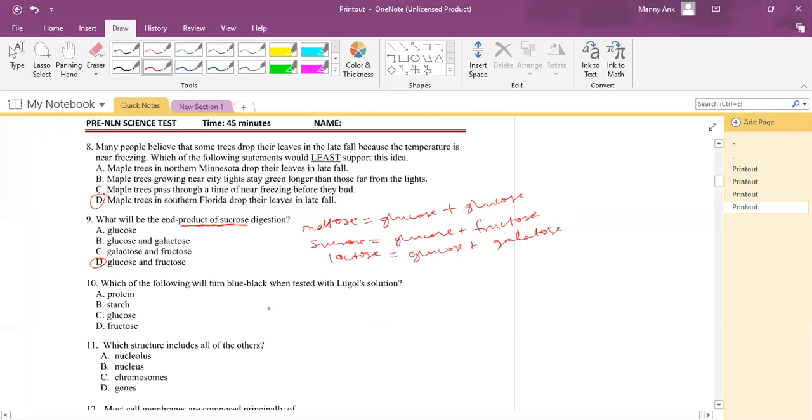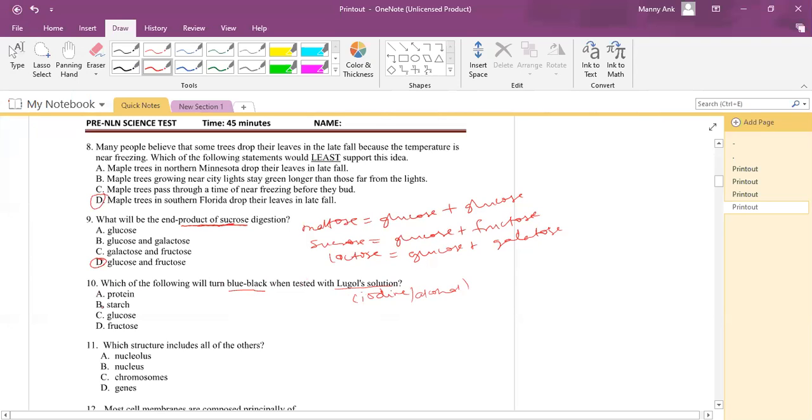Number 10: which of the following turns blue-black when tested with Lugol solution? Remember, Lugol solution is the same as the iodine solution, iodine in alcohol. This is the test for starch.